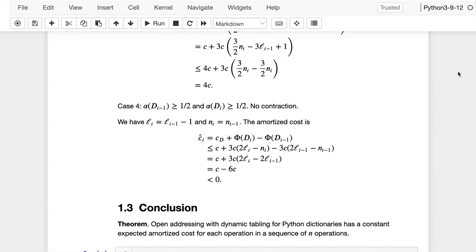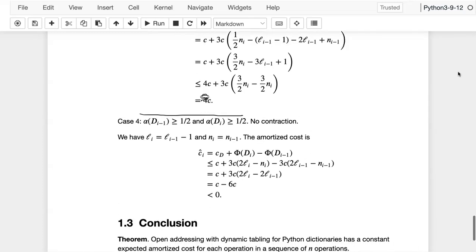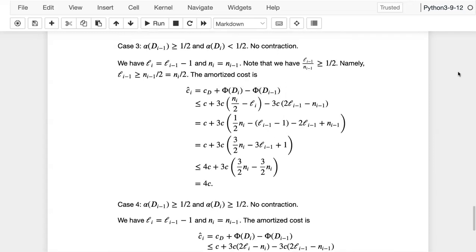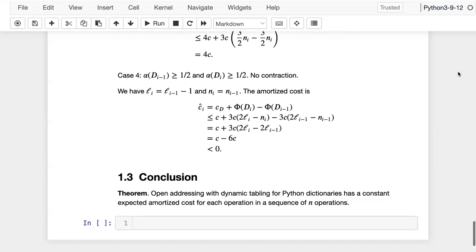So the load factors are both greater than or equal to 1/2, and after the deletion, the load factor is still, I'm sorry, so this is no contraction, because it's greater than 1/2. So then we know which form of the potential to use. So this is straightforward.